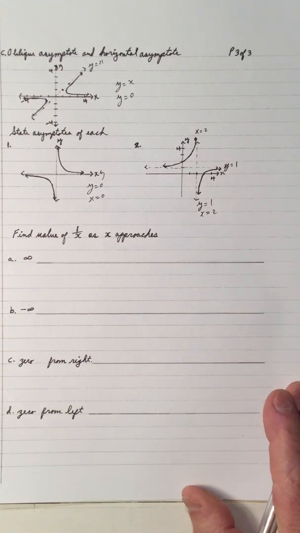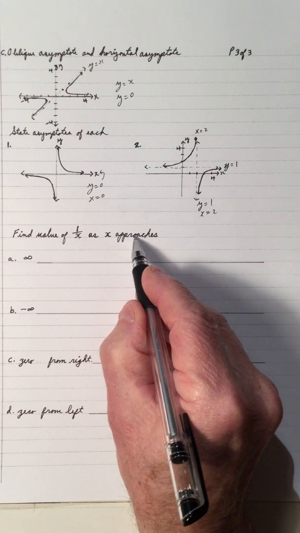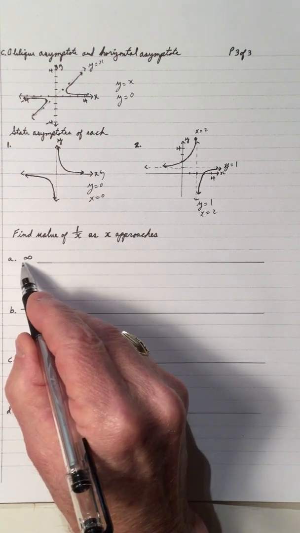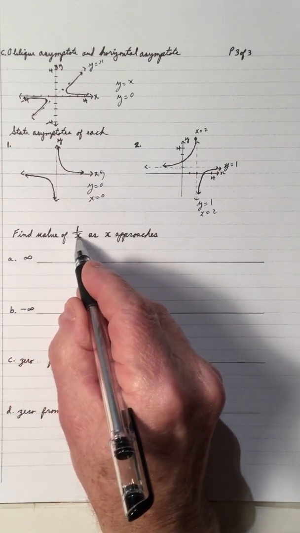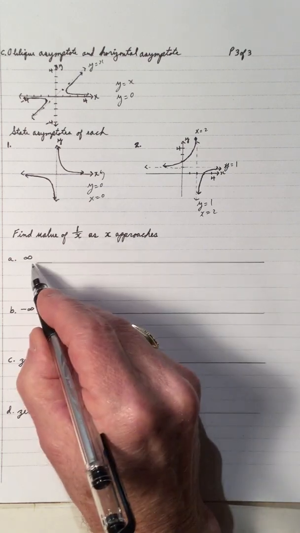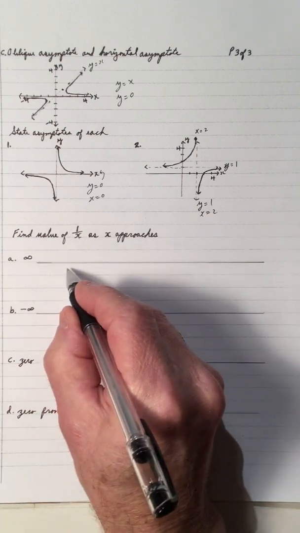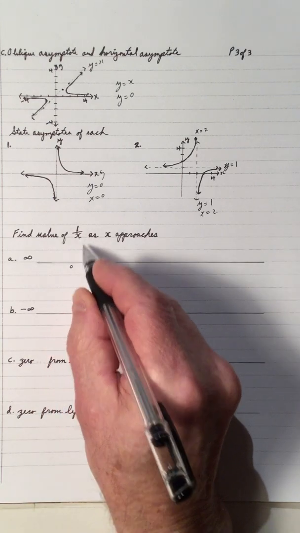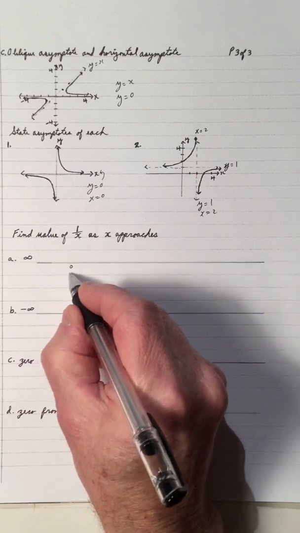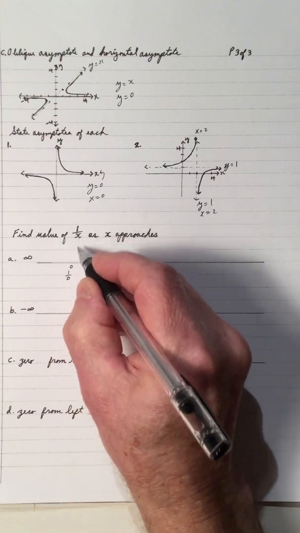Now, to explain that a little bit further, find the value of 1 over x as x approaches infinity. What's happening to this expression as x approaches infinity? Watch what happens. If we put a 0 in, 1 over 0 is undefined.